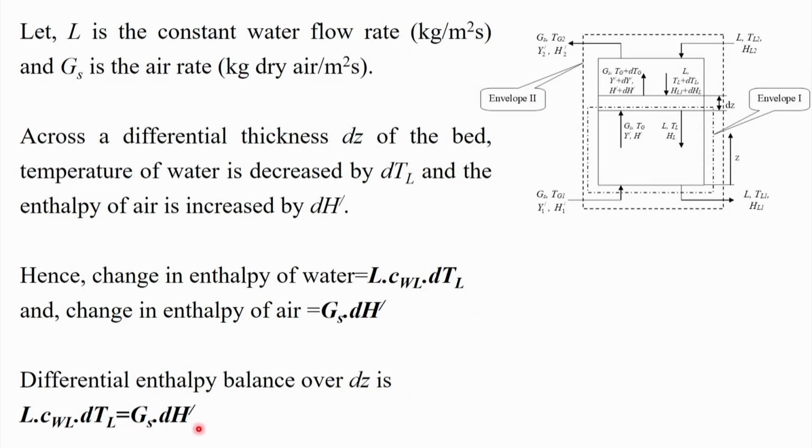So, whatever enthalpy is lost from the water, that same amount of enthalpy will be taken by air, as some amount of water will be vaporized or evaporated, and the same amount of water vapor will be carried through this air.